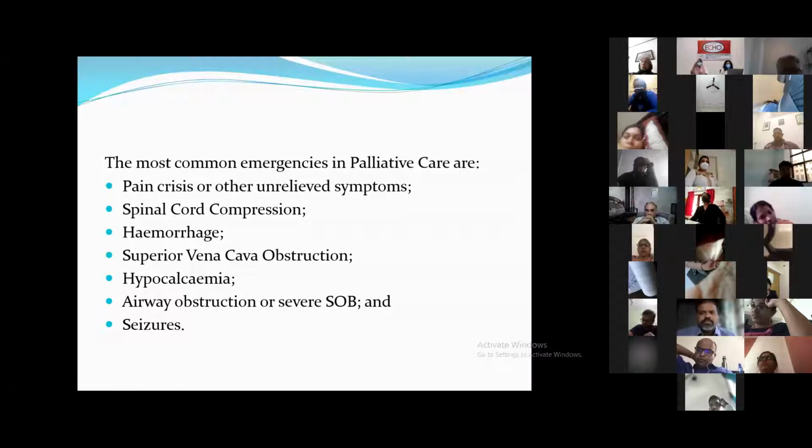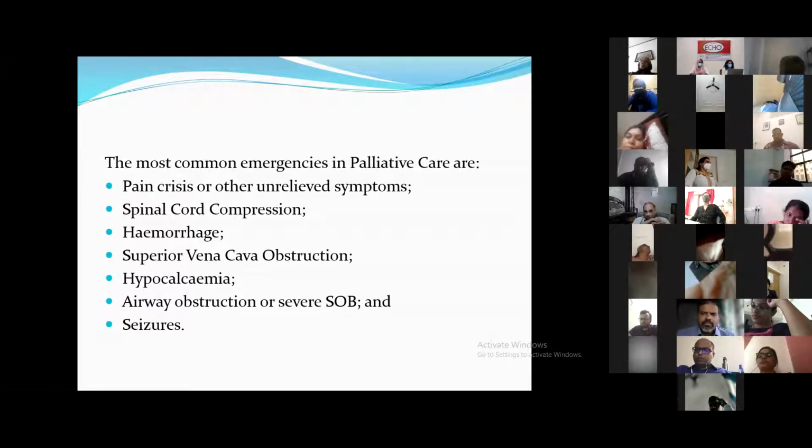As far as hemostasis is concerned, hemorrhage is also one of our emergencies, because many patients present with massive hemorrhage with hypotension. And there are some remedies in palliative care by which we can control the hemorrhage in some of the cases.